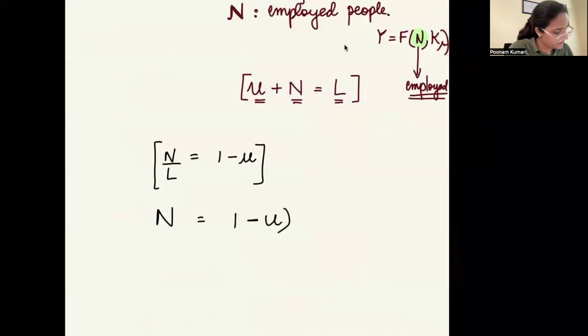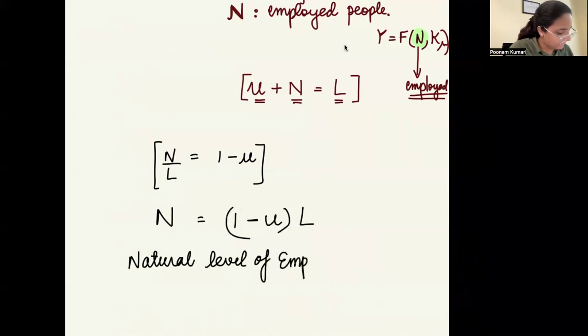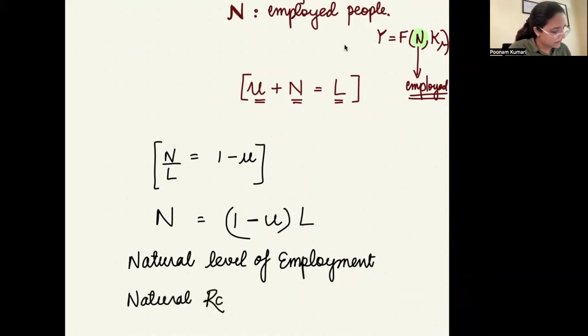N equals 1 minus U times L. So what will be the natural level of employment, and what will be the natural rate of employment?